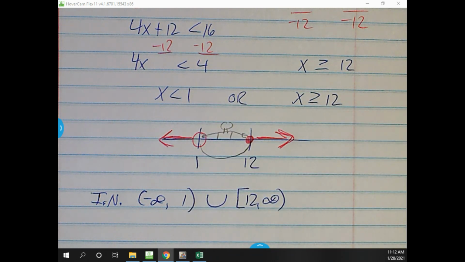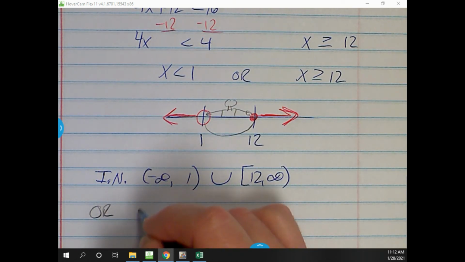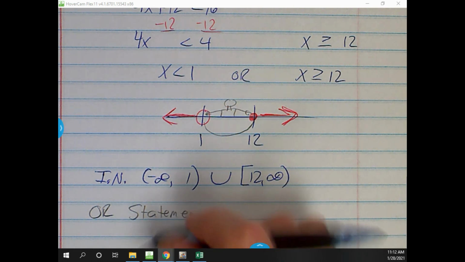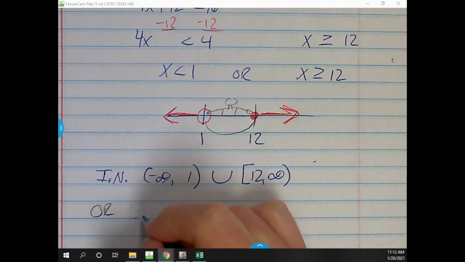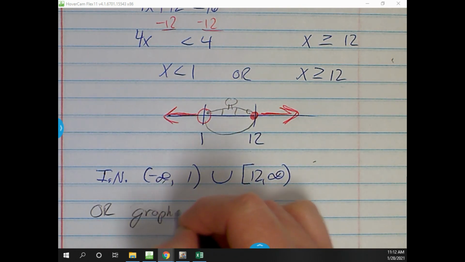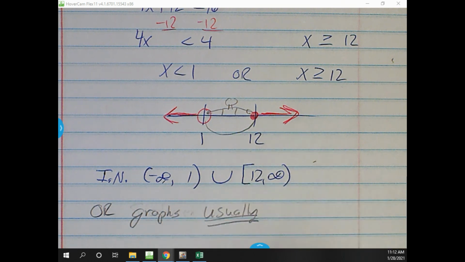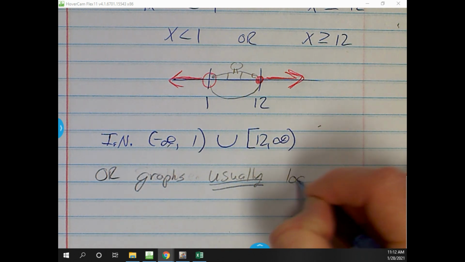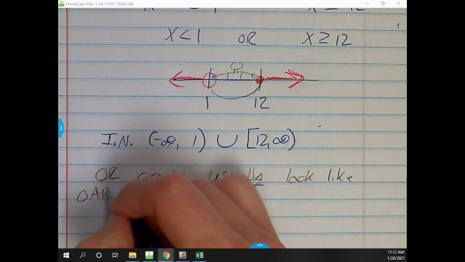So whenever I see an OR statement, to me, it looks like oars on a boat. Not OR statements, OR graphs, sorry. Again, the keyword there is usually, because sometimes we'll show you something here in a minute where they're not this way. But OR graphs usually look like oars on a boat to me.